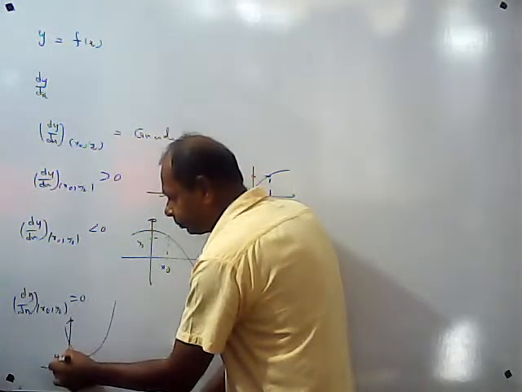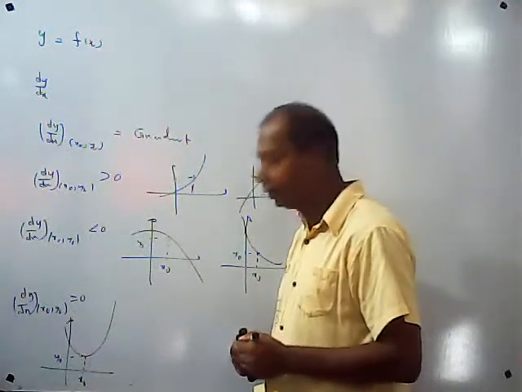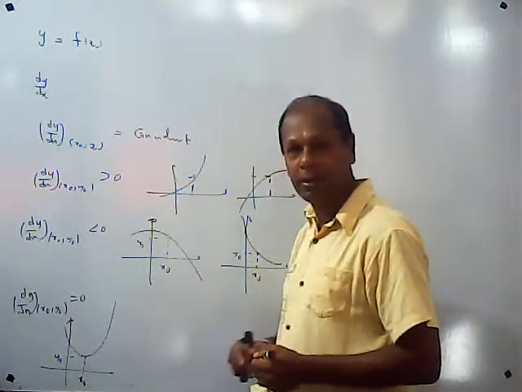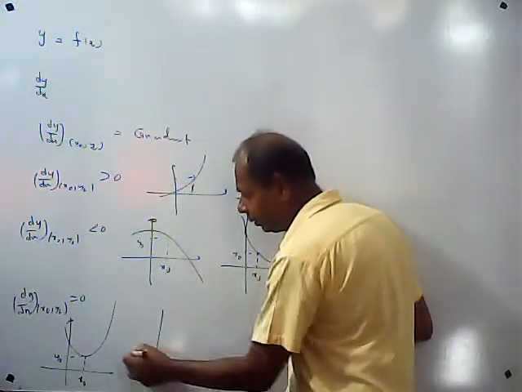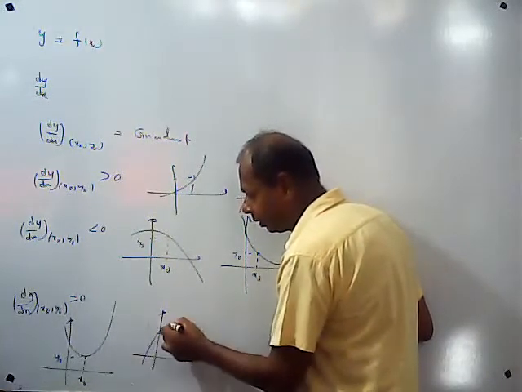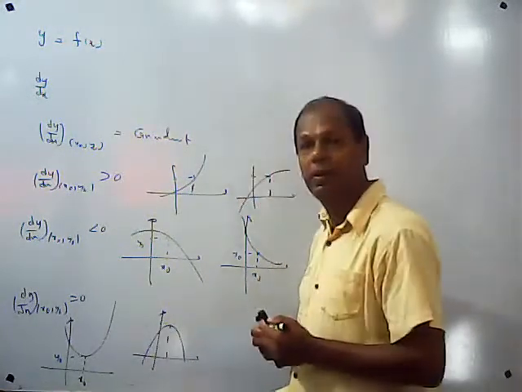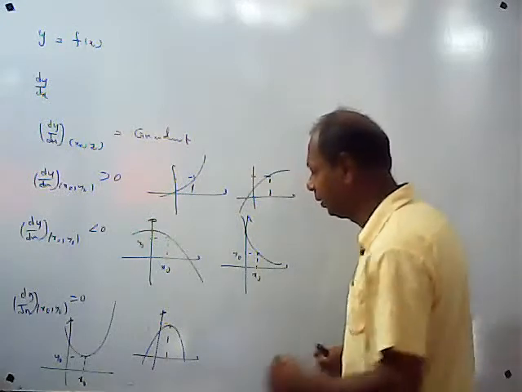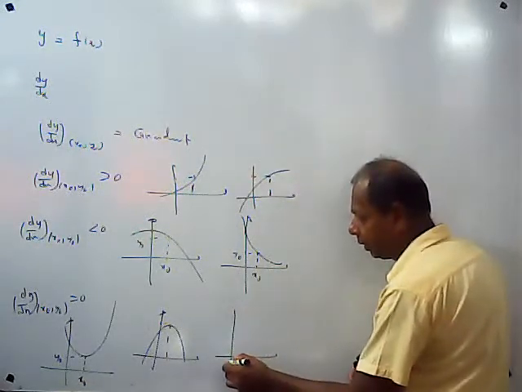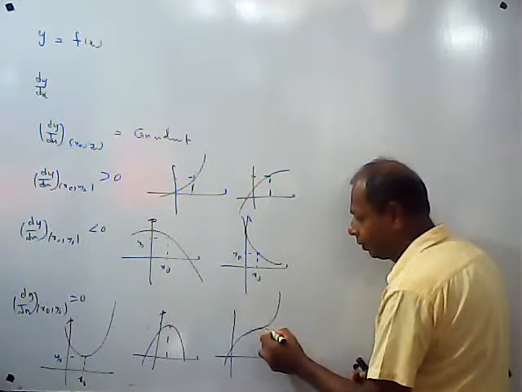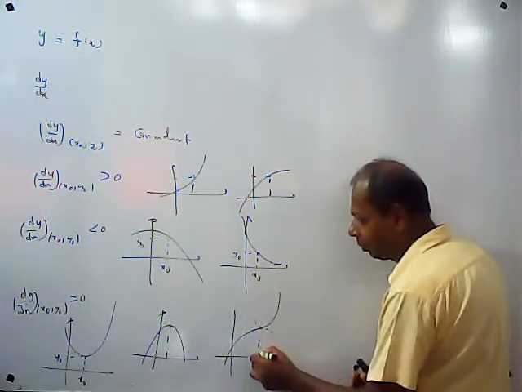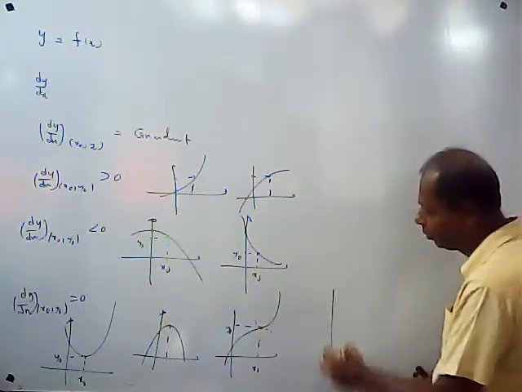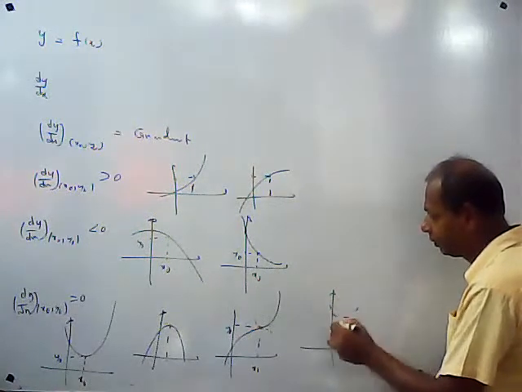There can be a local minimum at that point, or another possibility is a local maximum at that point, or it can be an increasing inflection at the point (x0, y0), or it can also be a decreasing inflection.